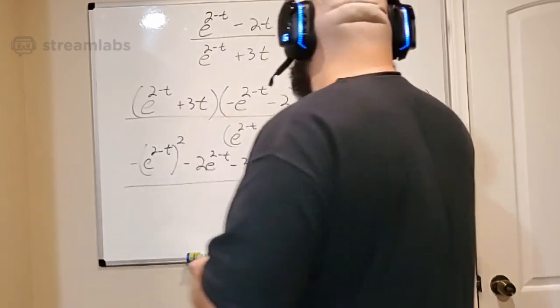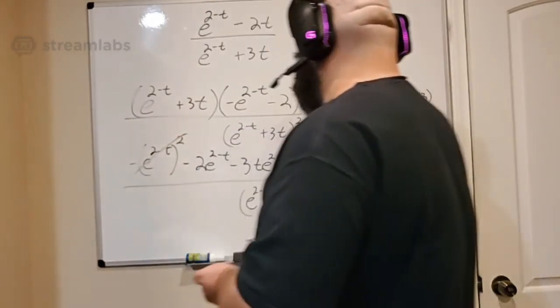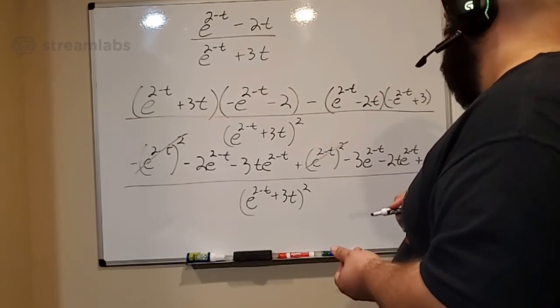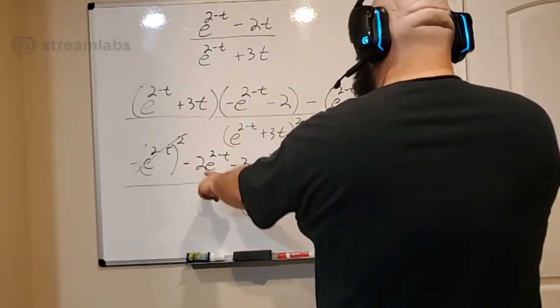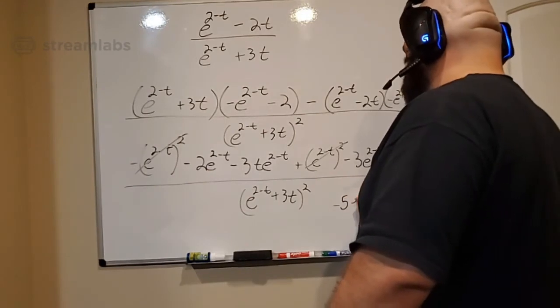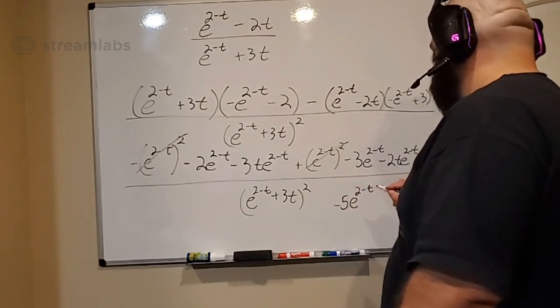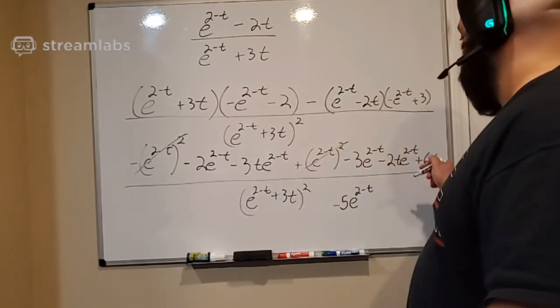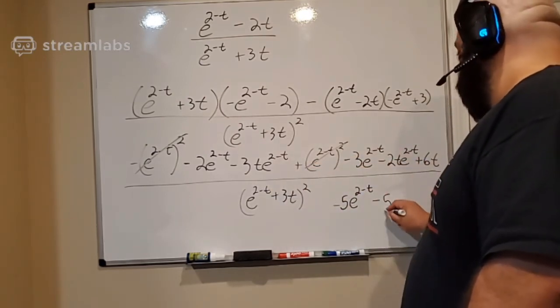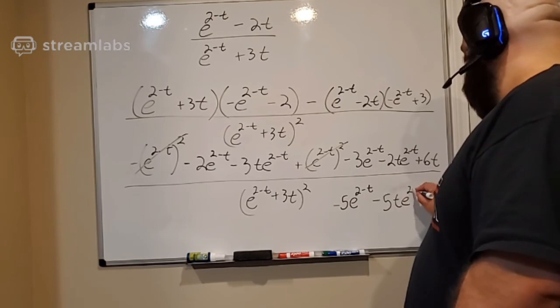You get a negative 2e to the 2 minus t and a negative 3, so that's negative 5e to the 2 minus t, and then 3 and a 2, so again minus 5t e to the 2 minus t plus 6t, hopefully, which is what they got.